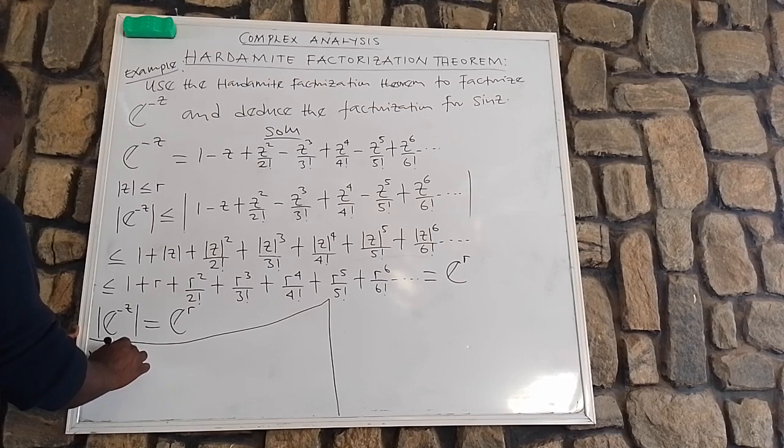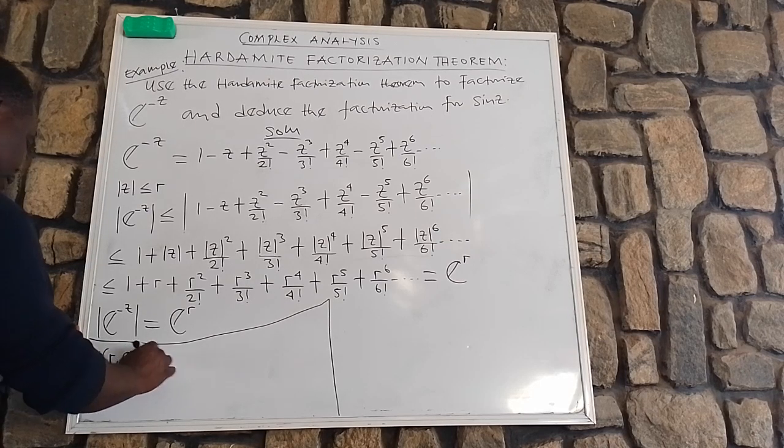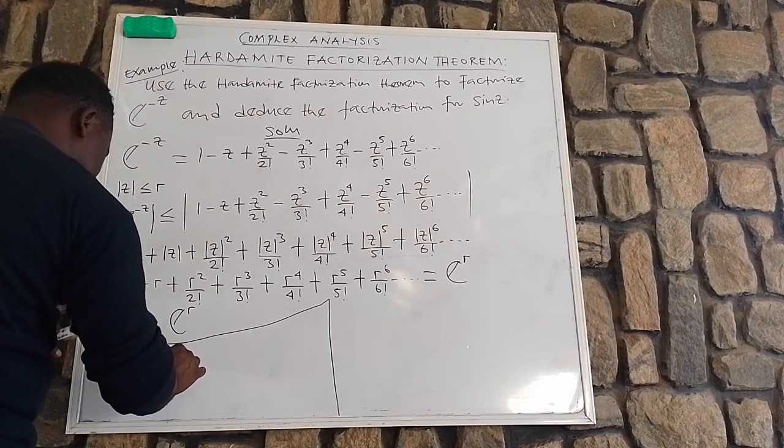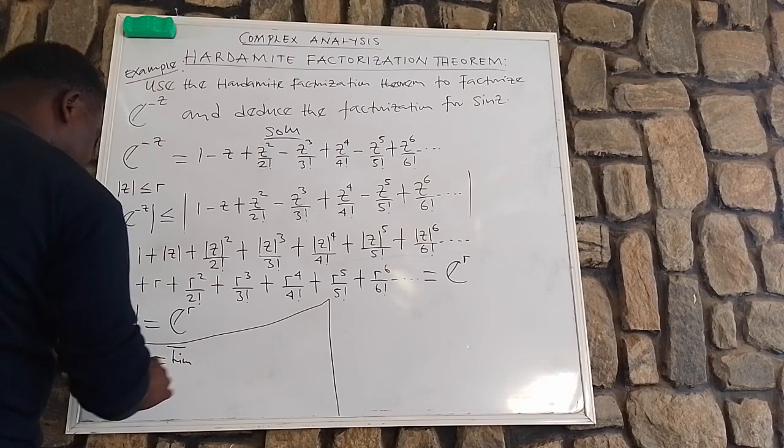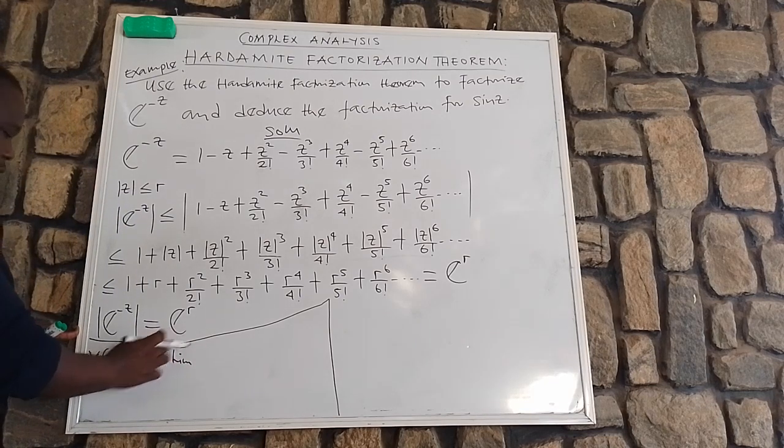The order will now be, our n of r, comma, exponential minus z, will now be equal to the upper limit. The reason why it is called upper limit is because of this.